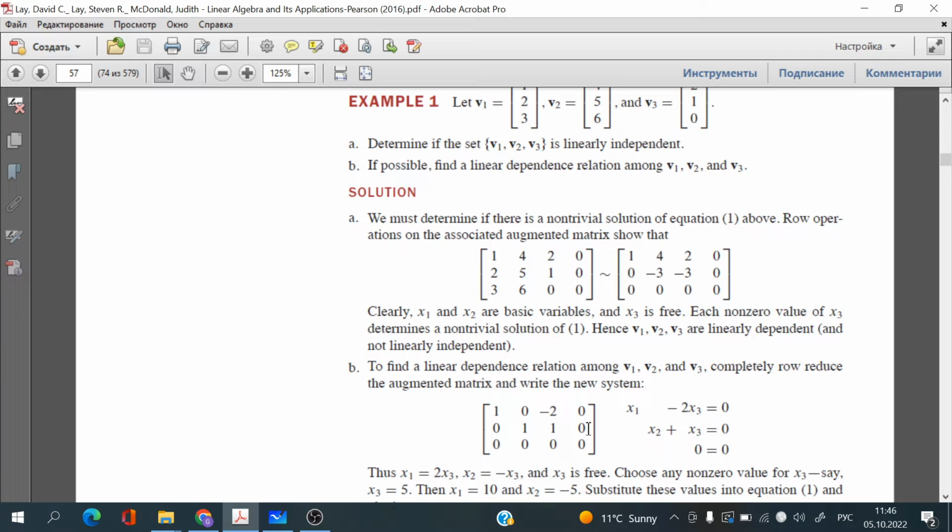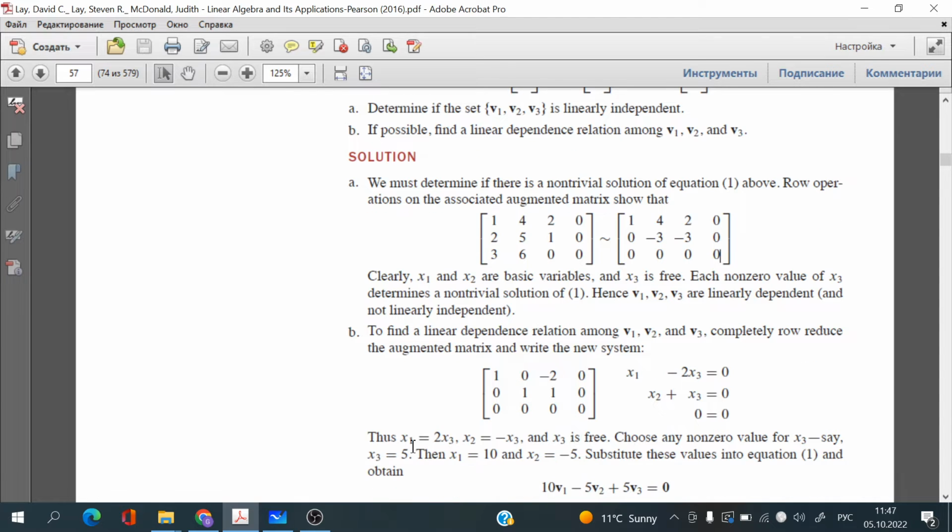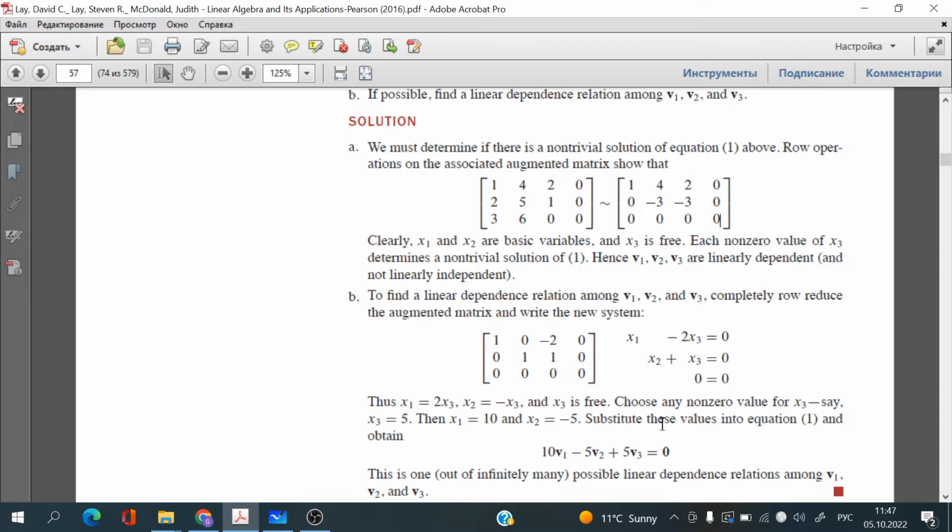Let's rewrite our matrix in the form of linear equations. We have x1 minus 2 x3 equals 0, x2 plus x3 equals 0, and 0 equals 0. From here, you just express x1 and x2 in terms of x3. So x1 equals 2 x3, x2 equals minus x3, and x3 is a free variable, like we did in the previous section and in class.